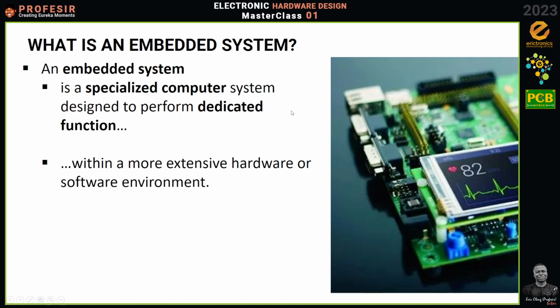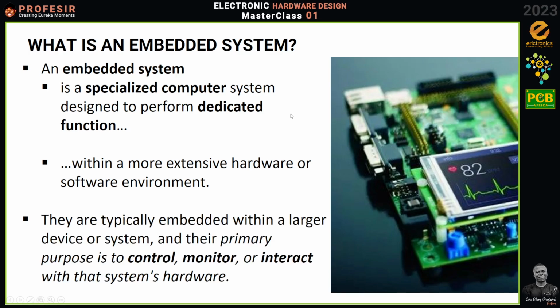Now, one of the uses, or the applications, is usually for control, for monitoring, for interaction. Take a vehicle for instance. A vehicle by default is a mechanical system, but right now you realize that there are more electronic components in vehicles, and it keeps increasing, to the extent that they are now even converting it to purely electrical in nature.